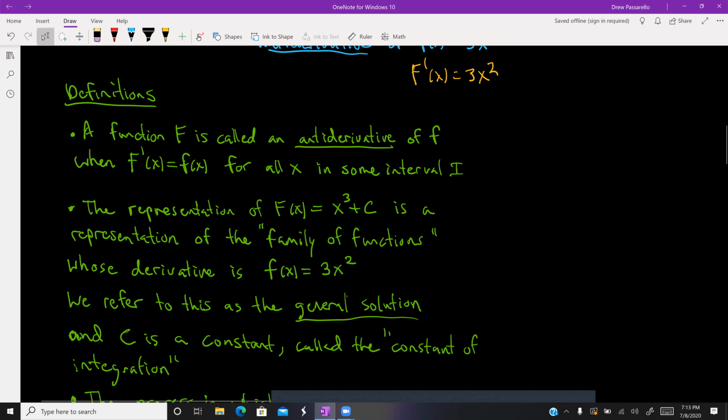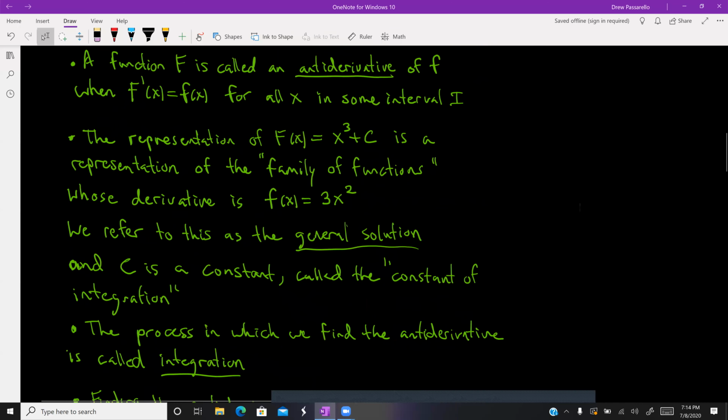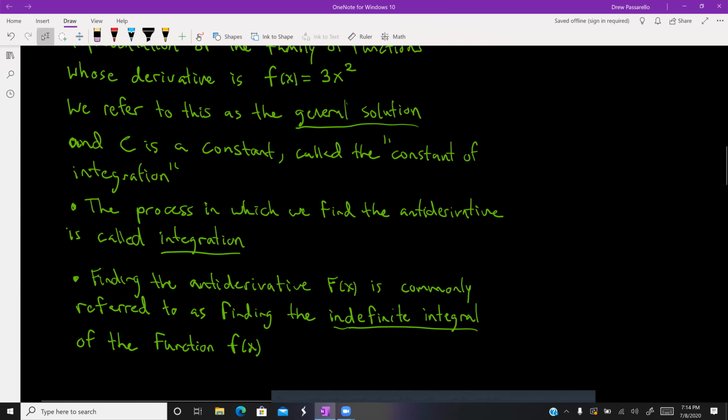All right, so I haven't said what integration is yet, but c is called the constant of integration, which leads me to the next thing. The process in which we find the antiderivative is called integration. All right, so the process of finding this capital F of x is called integration.